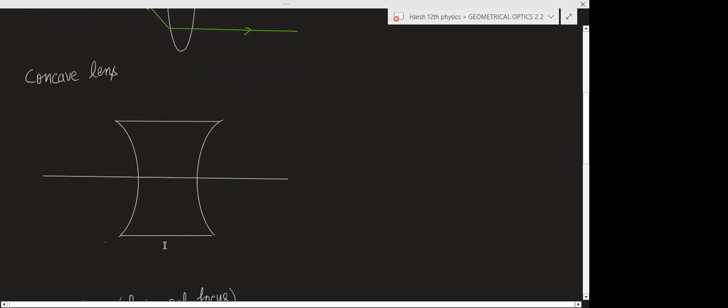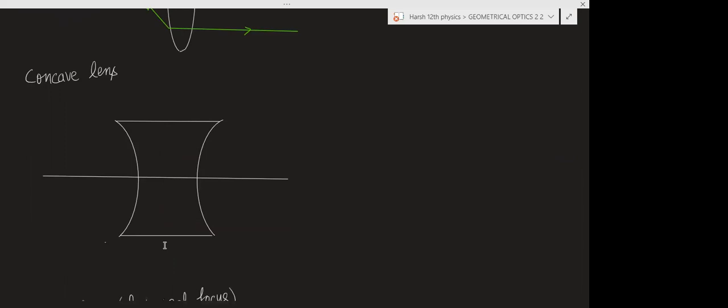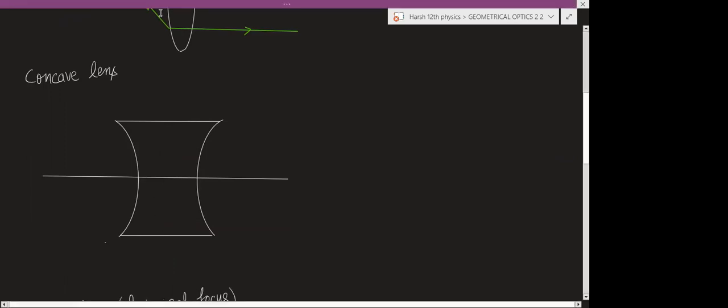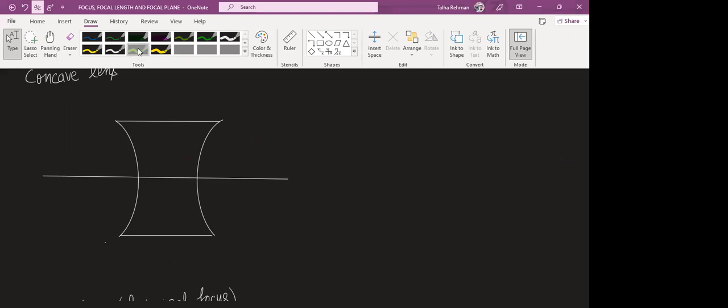Now for the concave lens, the concept is different. Suppose these are the rays of light.